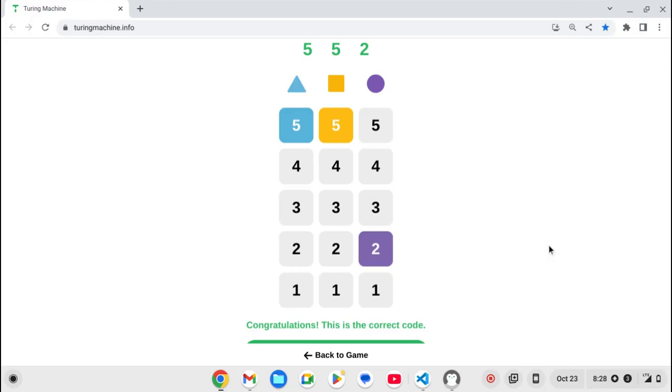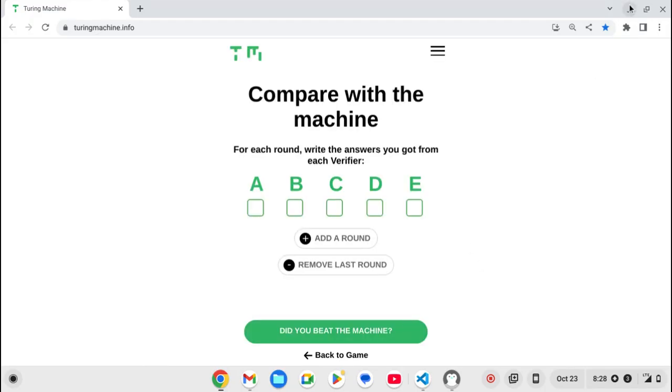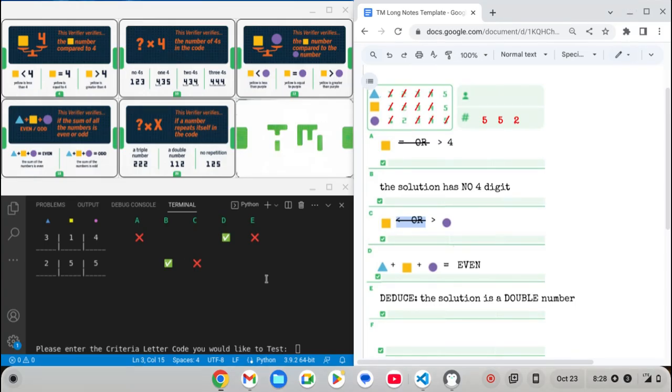Fantastic. It worked out. And how did we do versus a Turing machine? Well, again, I believe we're quite fortunate. There were 5 criteria cards, and we ultimately just tested 5. In the first round, we did ADE.